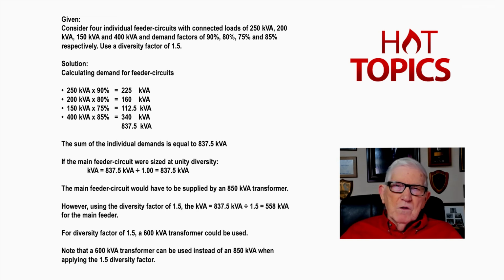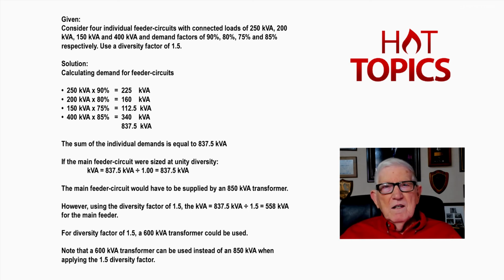So if you ever want to use, say, a diversity factor from a substation transformer supplying a facility at any location, always check with the authority having jurisdiction. Do your calculations, present that to the authority, and have the authority having jurisdiction approve it ahead of time in accordance with 90.4 in the NEC.